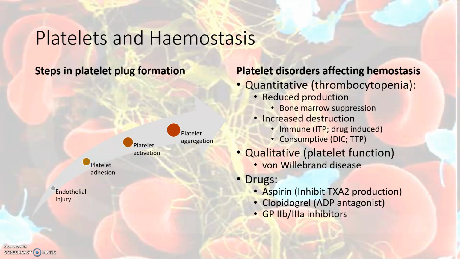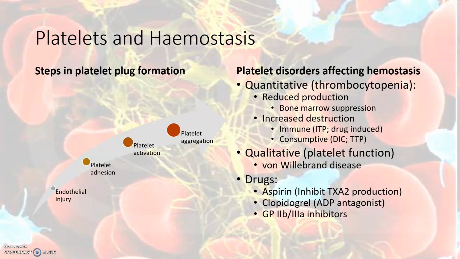Platelet activation leads to the release of other factors such as thromboxane A2 and ADP, which then causes the recruitment and activation of more platelets, leading to platelet aggregation and the formation of a platelet plug. This is then interwoven with fibrin and then eventually creates a fibrin clot.